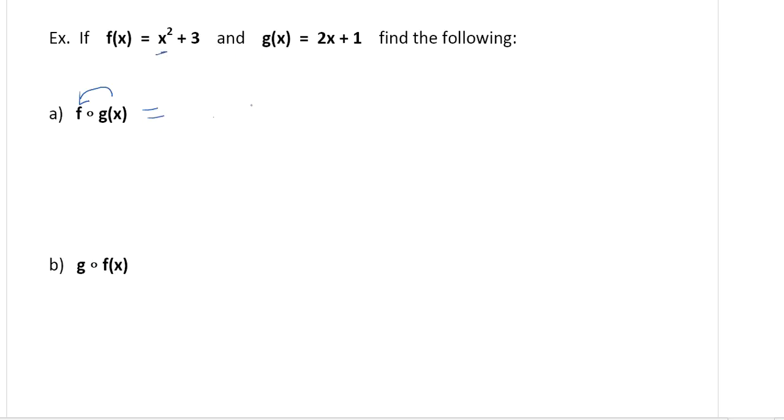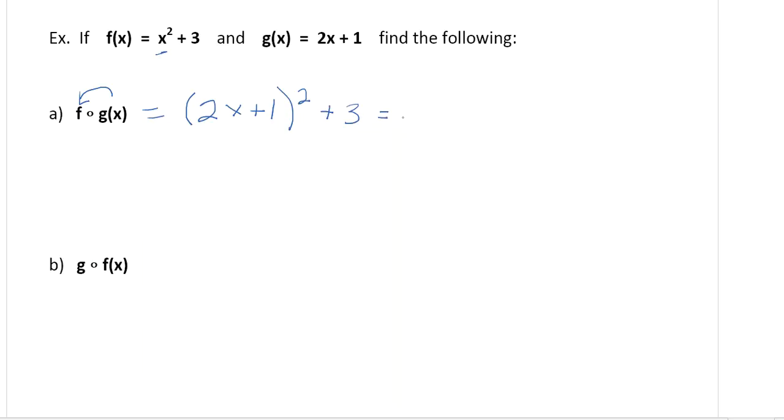So we have to square the x, we're going to put in this whole thing, 2x plus 1 quantity squared, and the next thing that f says is I need to add a 3. So to simplify it, we FOIL this out and then we'll add 3 at the end.